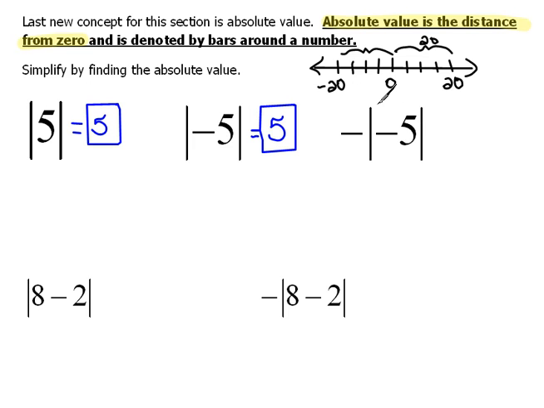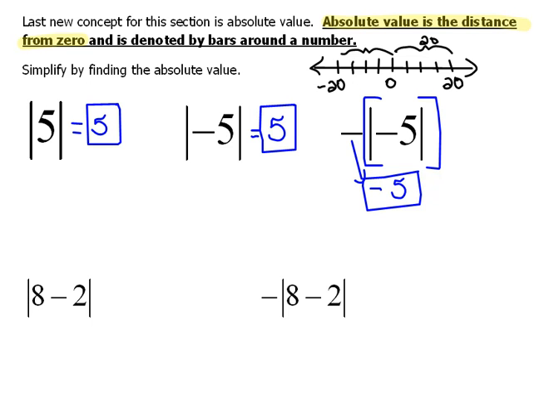We have to do this part of it first and then work our way out. So if I look at just the absolute value of negative 5, that says how far from 0 is negative 5? Well, that would be 5 units. But then we have to bring down our negative and say, okay, now they're asking us for the opposite of that, or the negative of that, which would be negative 5.